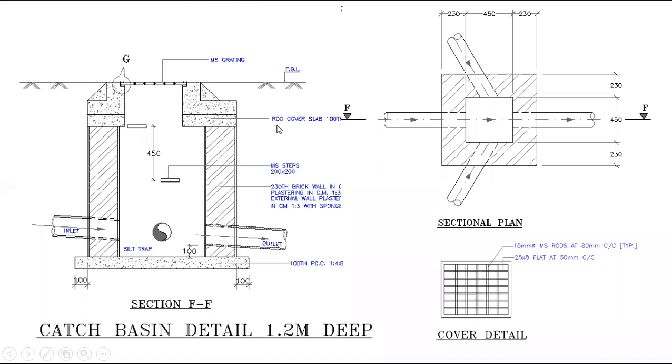The material may be RCC or brick, based on the location and site condition. They will decide. If there is no load in the surface area, you can provide a brick manhole or brick catch basin. If it is a heavy traffic area or road area, you have to provide RCC only.